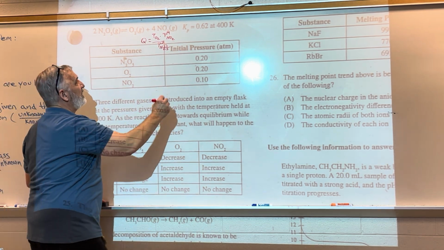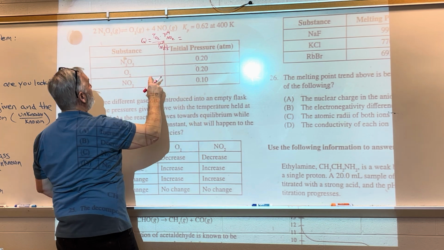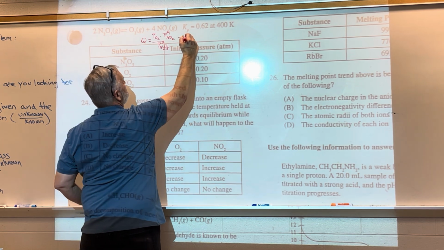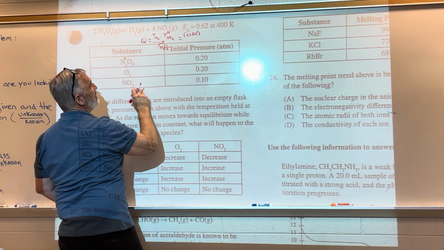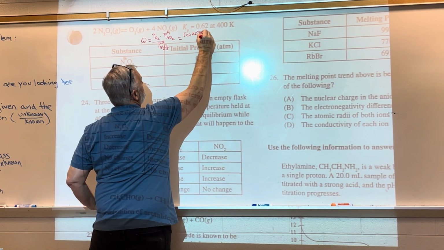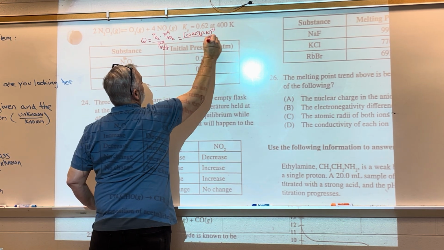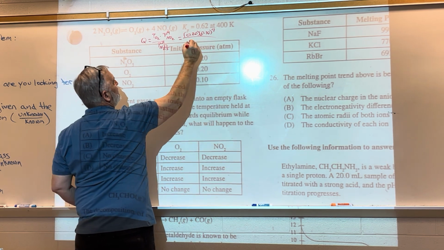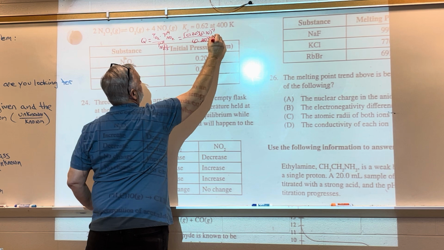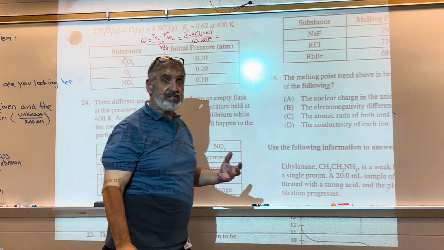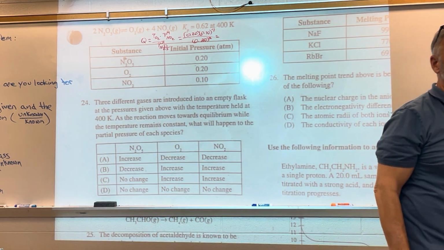So we're just going to plug in, and you end up getting the O2 is 0.2. The NO2 is, they made that one easy, 0.1 to the 4th, and the N2O5 is 0.2 squared. Now you do have a calculator. This is the second year you're going to have a calculator allowed on multiple choice.